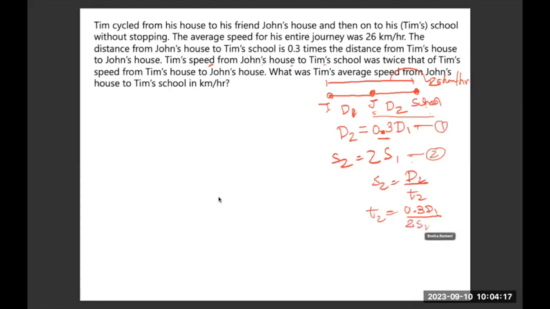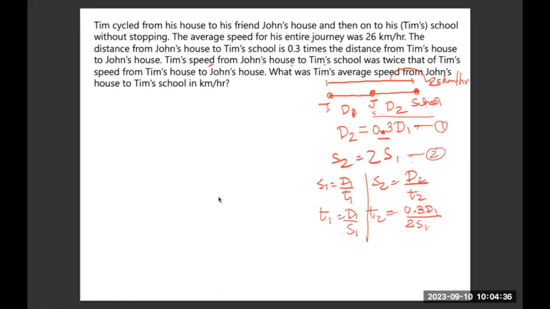I will keep it as it is. In another scenario, I know S1 will be equal to D1 upon T1, and henceforth T1 will be D1 upon S1. This is another equation, 3 and 4 here.